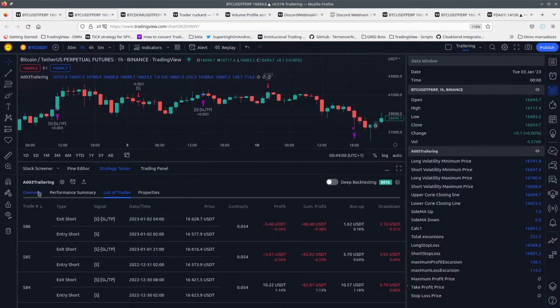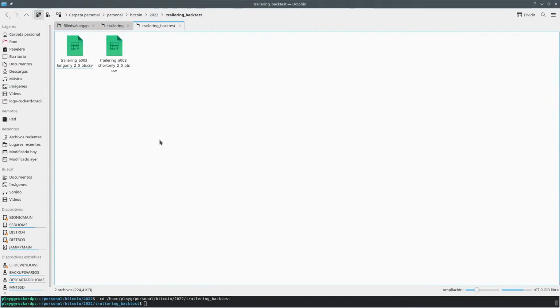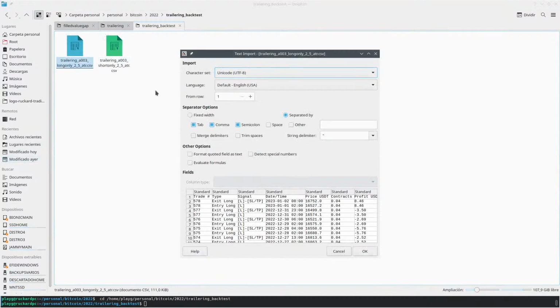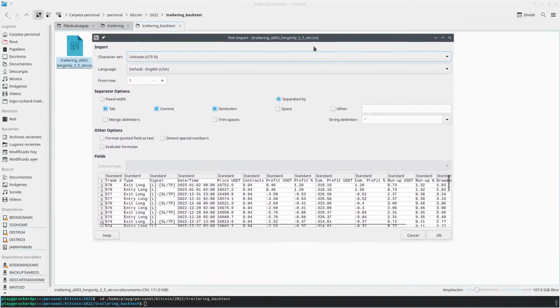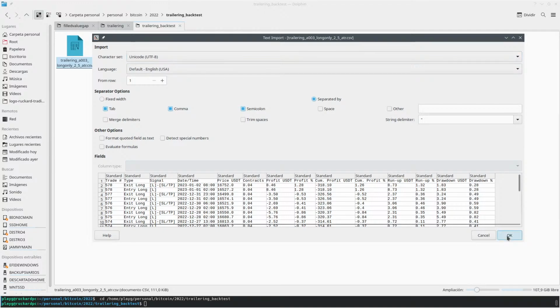Okay, I guess we have done this. So here we can see both of the stuff, and we can play with this. I think this is right. Yeah, okay.